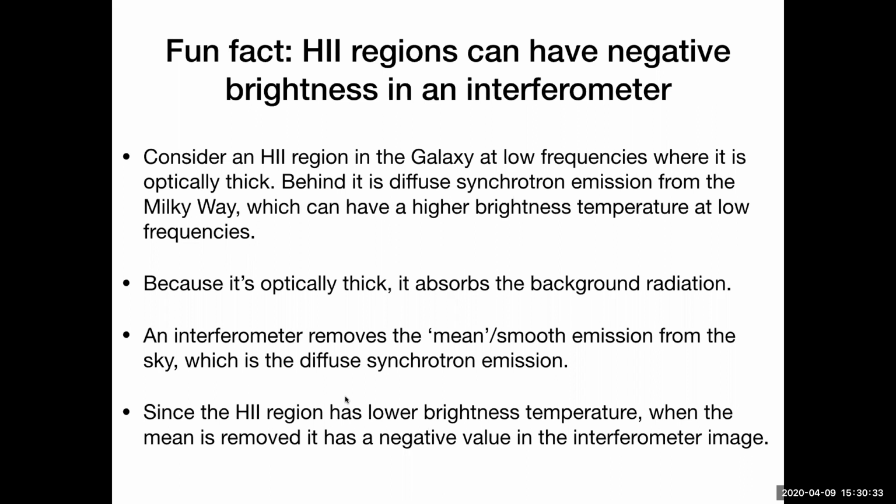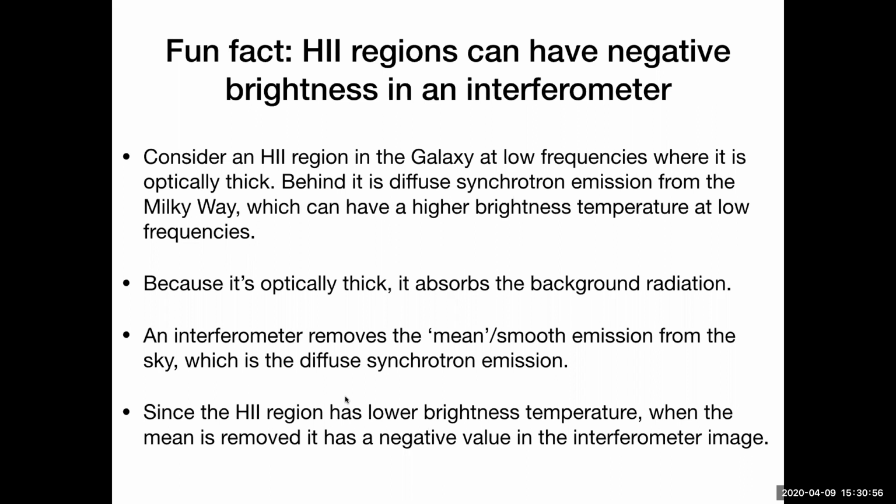An interferometer is missing the zero spacings, the short spacings, so it's not sensitive to the very large structure on the sky. So you effectively lose the mean signal, which is dominated by this large extended synchrotron emission. It's too large for the interferometer to see, so it gets removed.